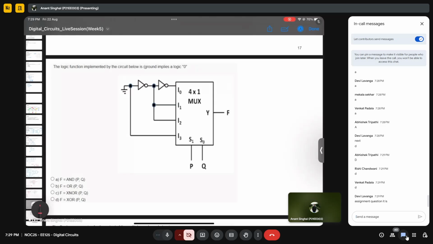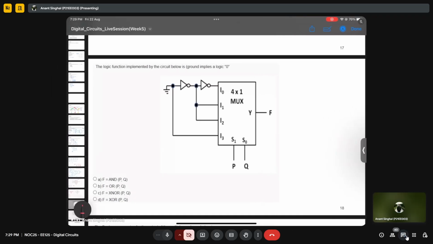So what all of you are saying is D, I think. Since this is 0, this will be 1, this will be 0, right? So this will be 1, 1, 0. So F is nothing but P bar Q plus PQ bar, which is XOR. So yeah, D is the correct answer.